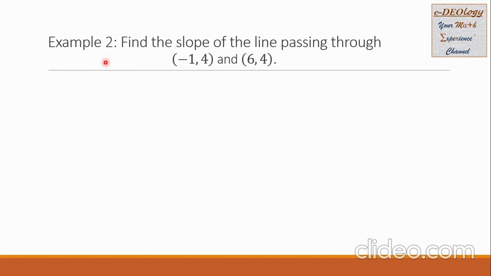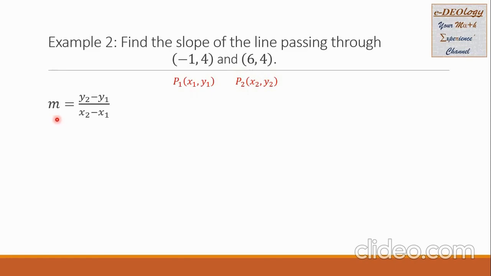Let us have example 2. Find the slope of the line passing through (-1, 4) and (6, 4). Let us assign P sub 1 and P sub 2 respectively. Then we write the slope formula.